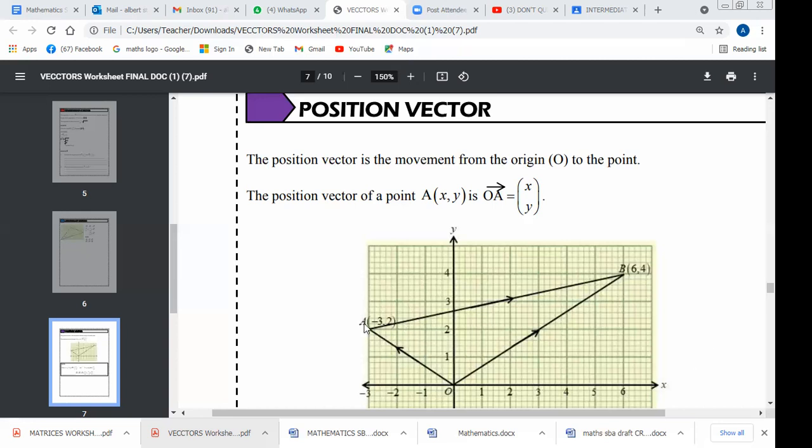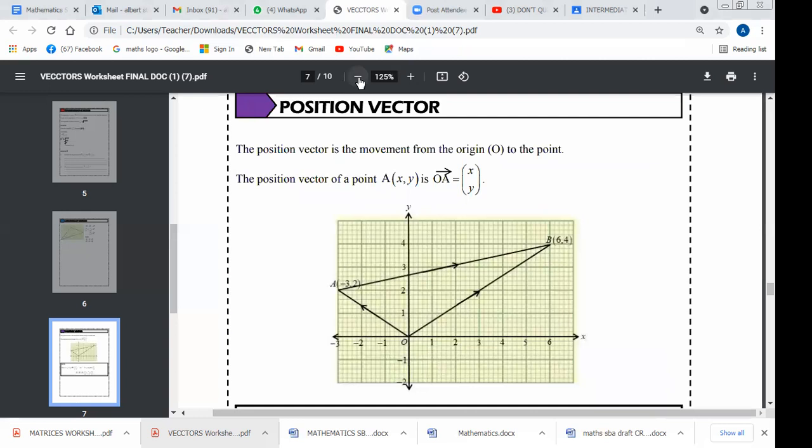All right, you guys finished with the diagram? 1 second, sir. Yes, sir. All right.